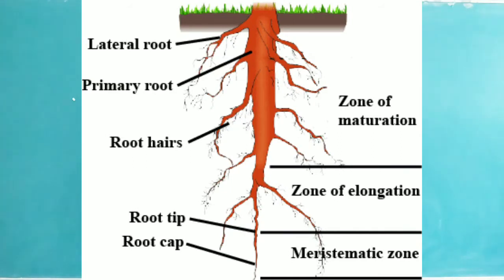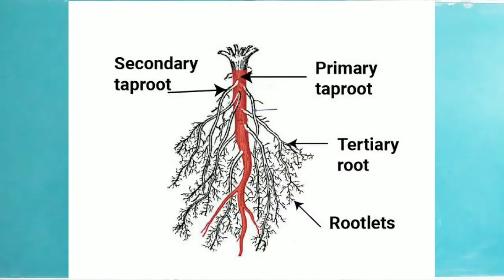There are certain characteristics about roots as they descend into the ground, and normally they do not bear buds, but in some plants like sweet potato and wood apple, roots bear buds.